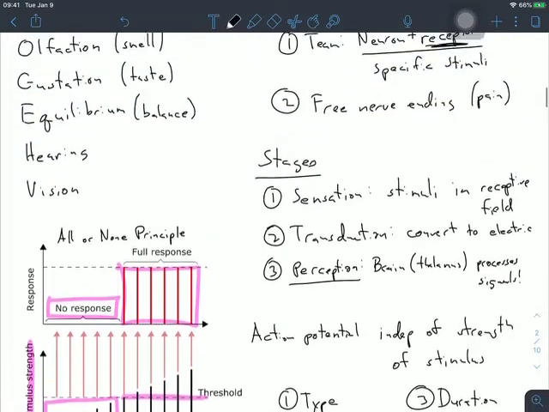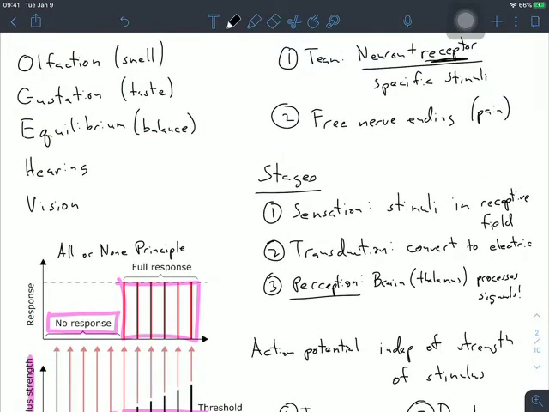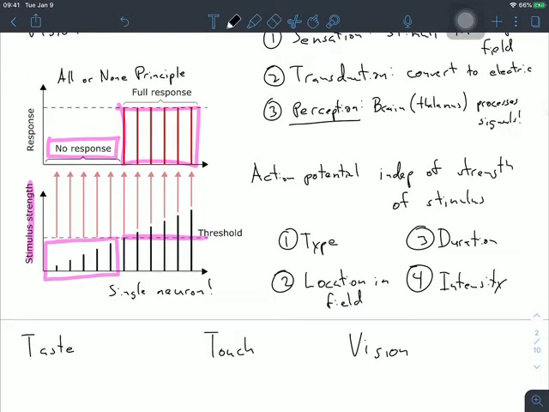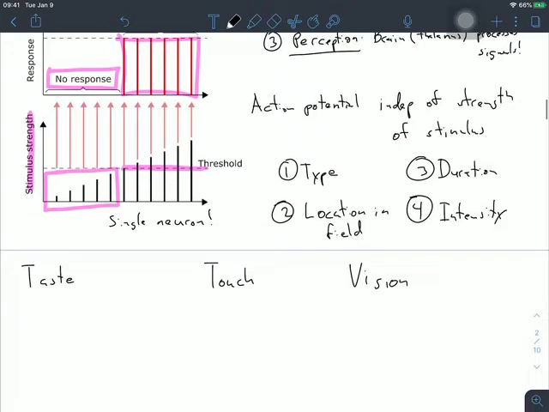So taking these broad ideas behind the stages of sensory signal and the fact that they will either be triggered or they are not, we can talk about 3 different senses specifically today. Now, in a kind of arbitrary fashion, I will be talking about taste, touch, and vision in that order.